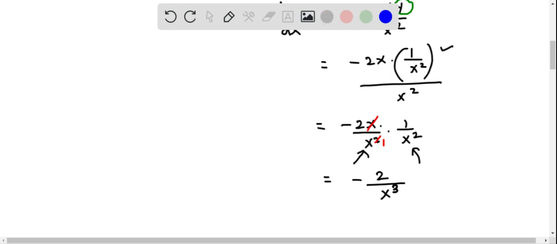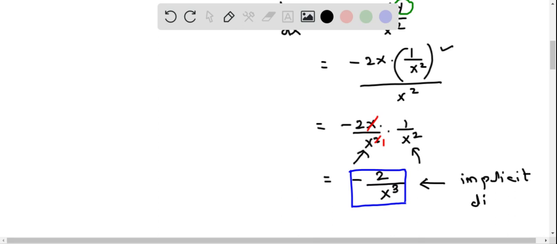So we get the expression negative 2 over x cube, and this is by doing implicit differentiation. This is dy by dx.